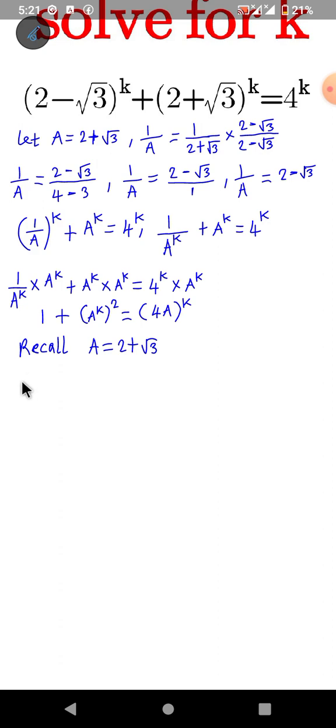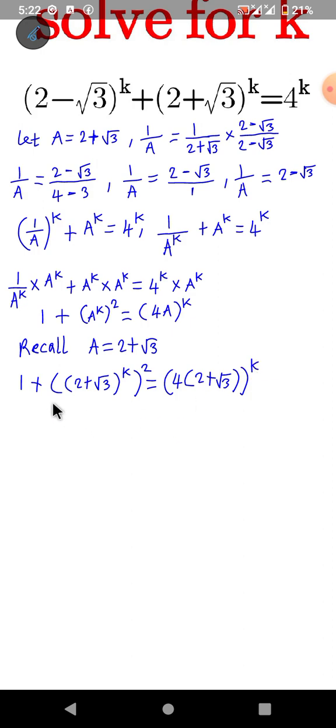Now we write 1 plus open bracket, a, so I'll put another bracket again for my a. So we say 2 plus root 3 raised to the power of this k here, then close my brackets, then we'll put this square. Then all equal to open bracket again, we have 4 bracket 2 plus root 3, all raised to the power of k.